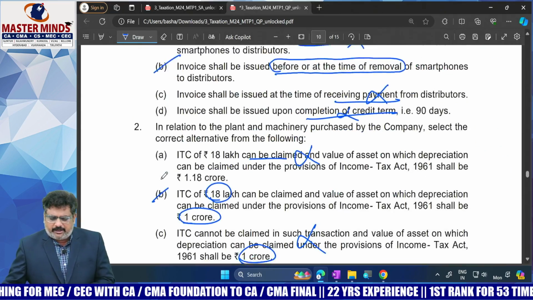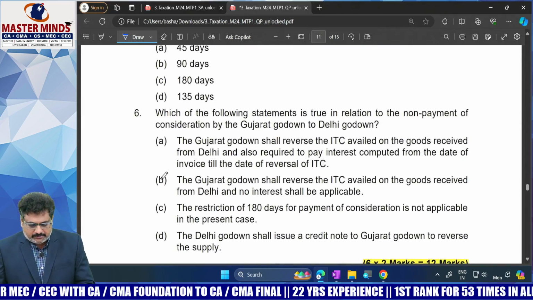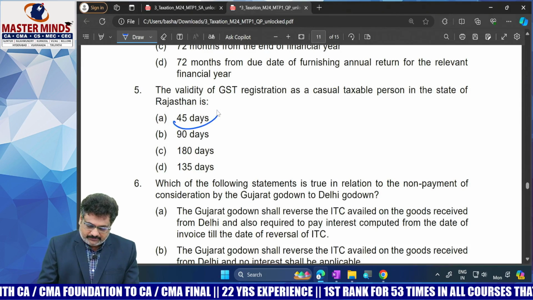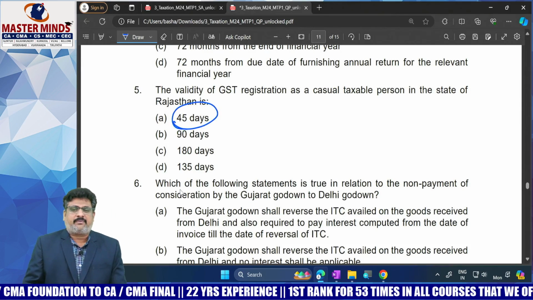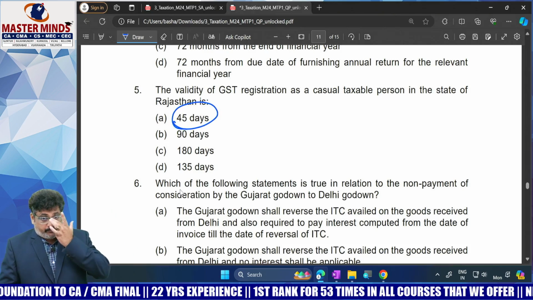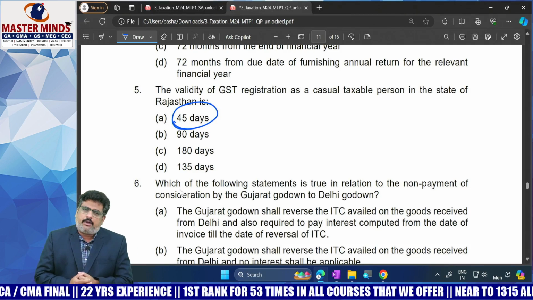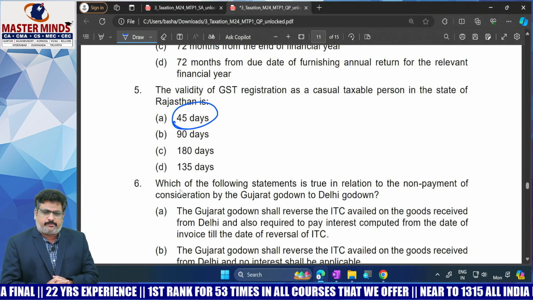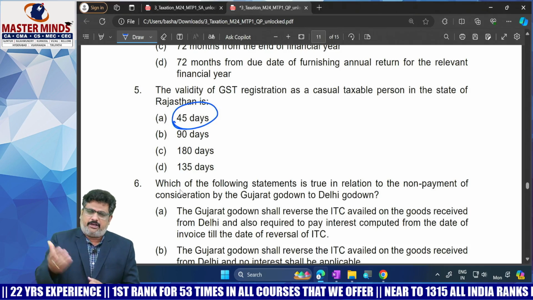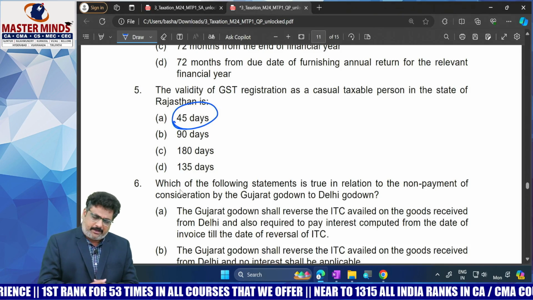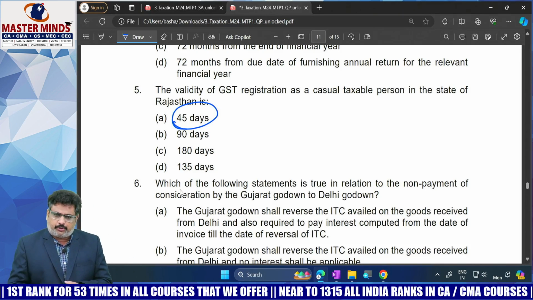So what is the validity period of registration certificate here? 45 days. That is the answer. This is also a direct theory one. If at all you are able to listen to the classes properly, then definitely you are able to answer these questions. Okay. That's why listening to the classes is also important.